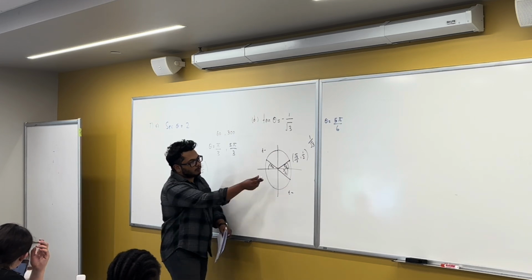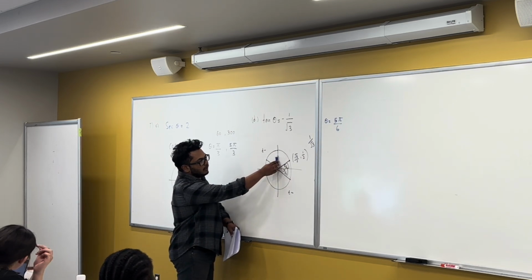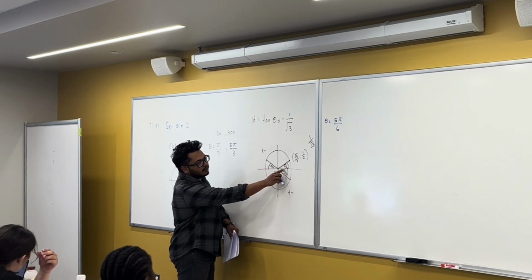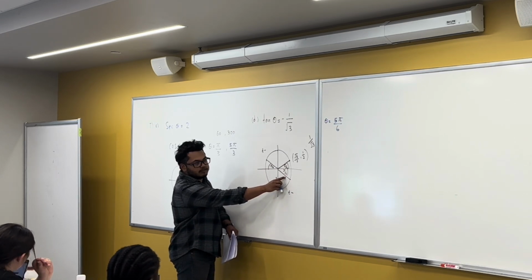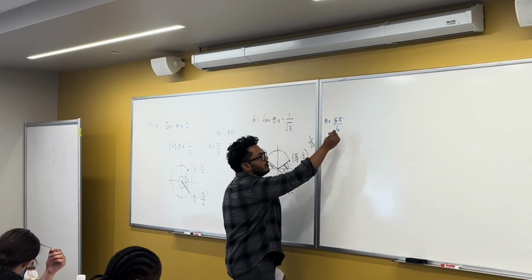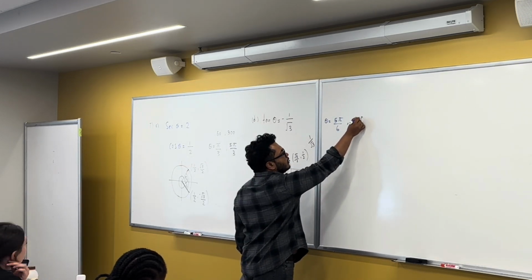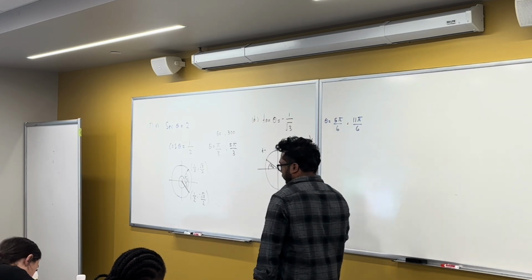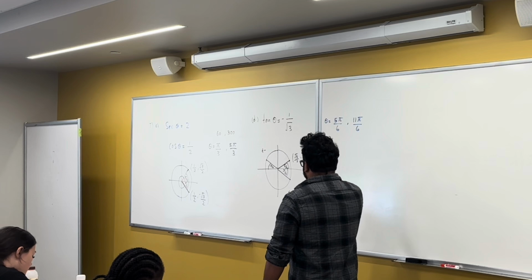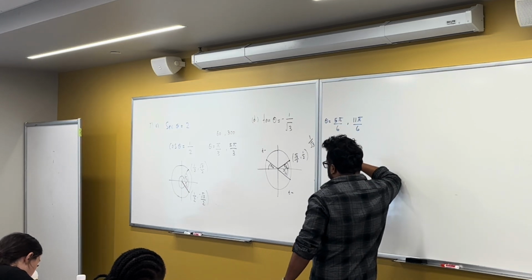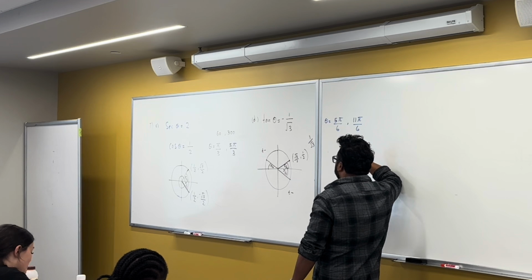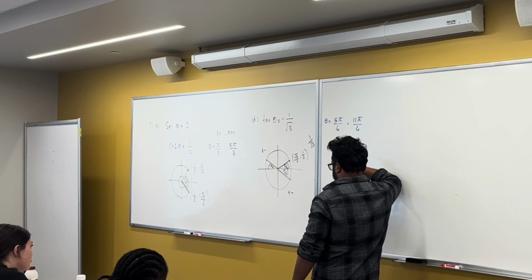And the other one is what? This is like 300, so 360 minus 30, which is 330. Okay? 330 is the same as 11 pi over 6. First you understand the reference angle that gives you the value, and then find the correct quadrant.